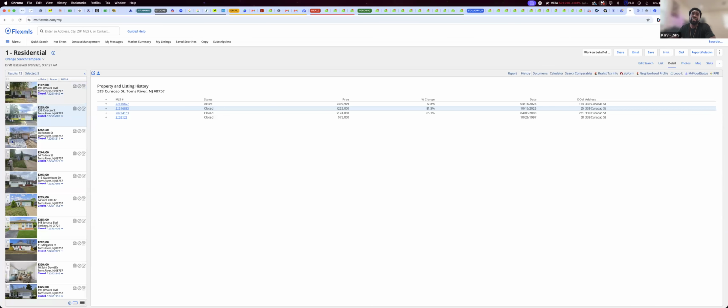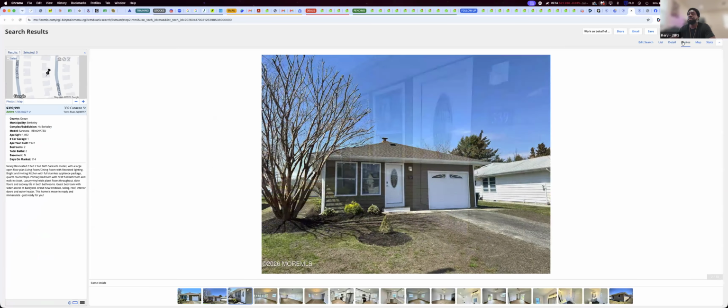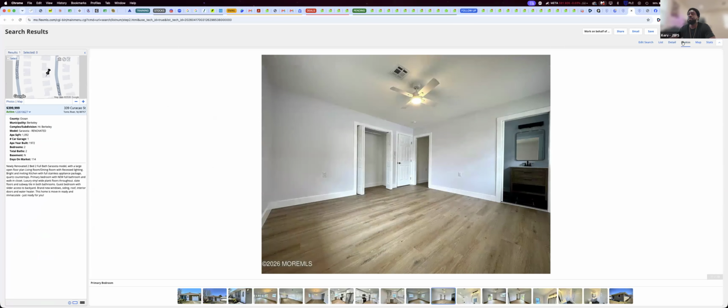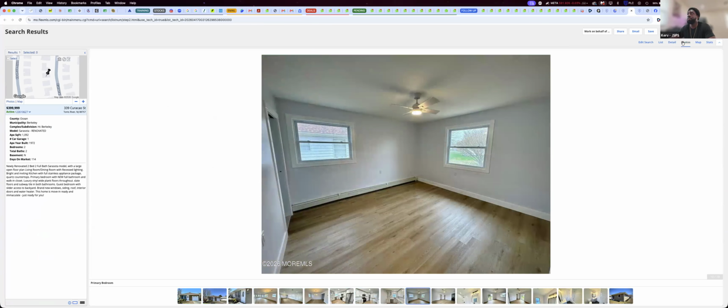My second highest comp sold for $225,000, a cash deal. It looks like it's active on the market right now for 399. So let's take a look at what they have done. Very clean house, fully renovated.